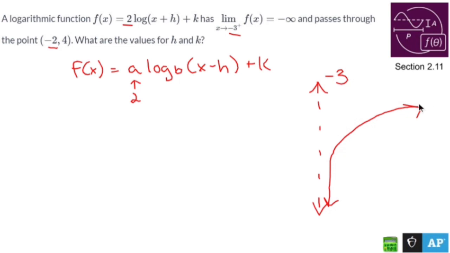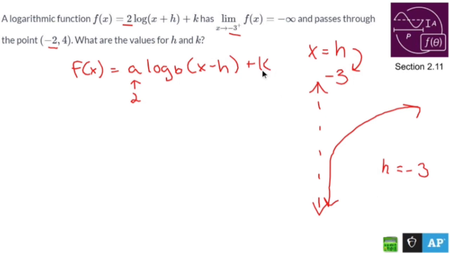So again, I'm coming from the right to negative 3 and hitting negative infinity. So that's my guy right there. Whenever I have a vertical asymptote, I know that my vertical asymptote equation is x equals h, which means h is negative 3. So part 1, we're done. H is negative 3.